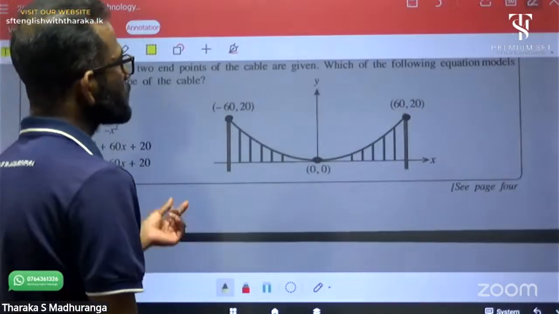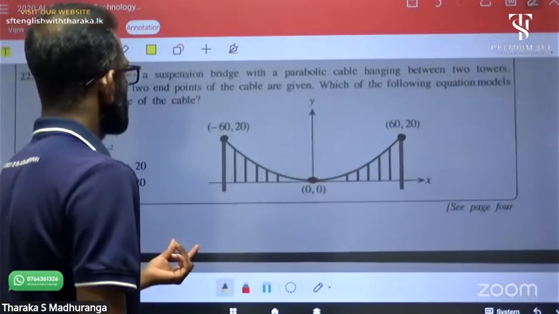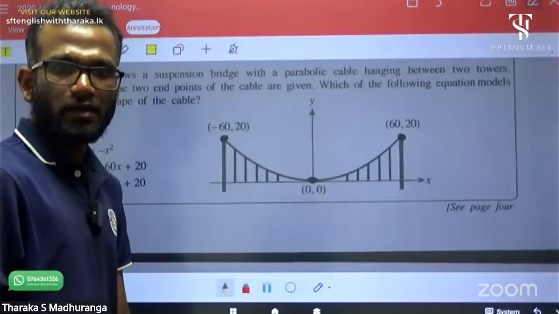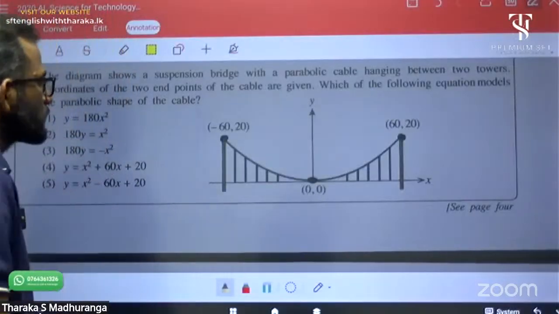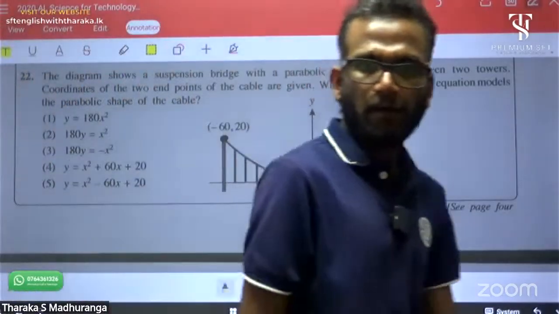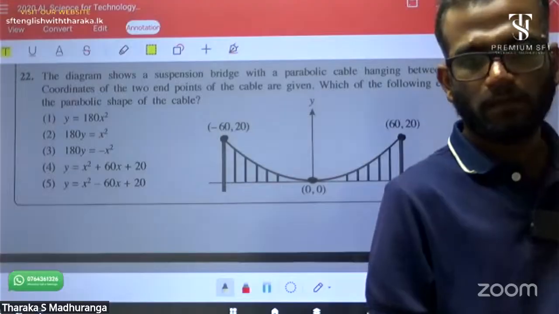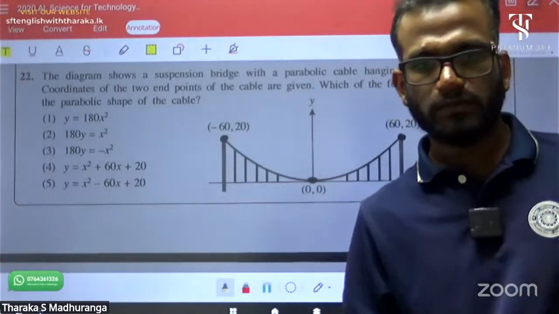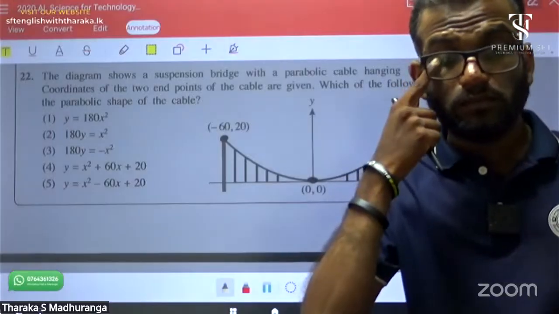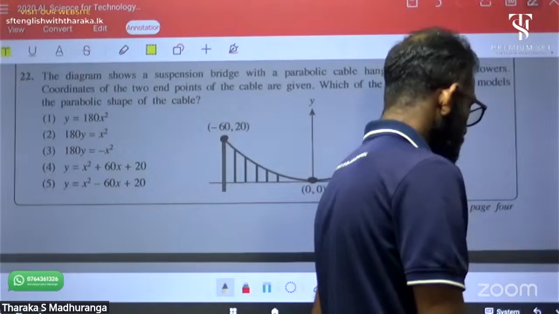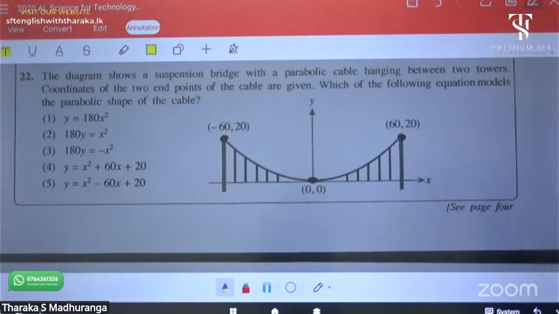The question asks, what is the equation of that? Okay, take 1 minute and complete, calculate.